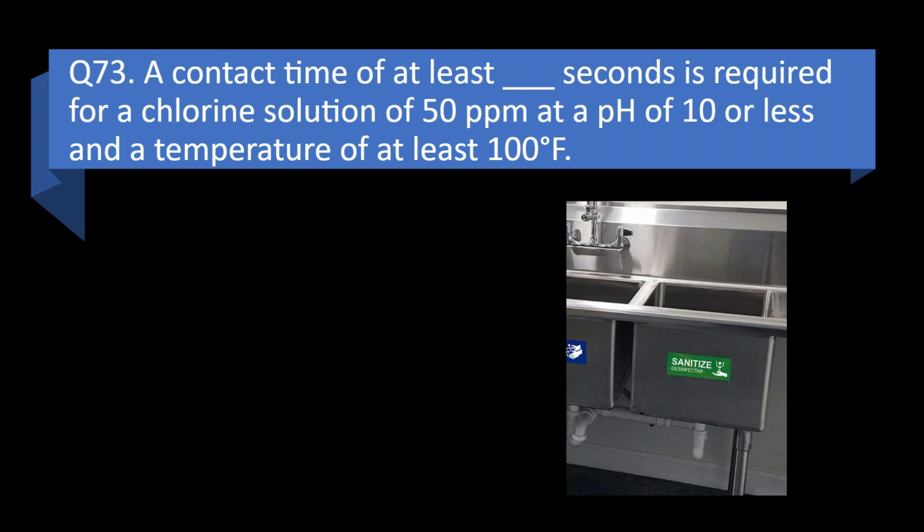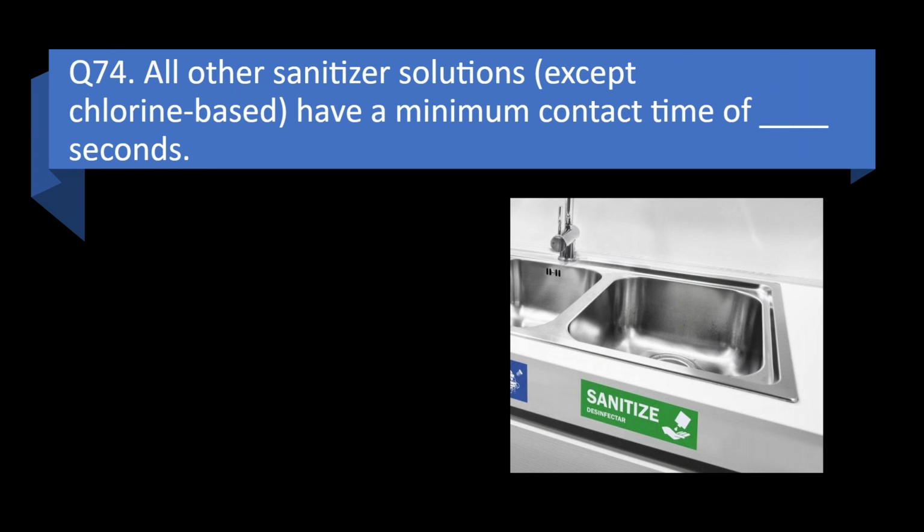A contact time of at least blank seconds is required for a chlorine solution of 50 parts per million at a pH of 10 or less and a temperature of at least 100 degrees Fahrenheit. 5, 7, 30, or 60. B. 7. Question 74. All other sanitizer solutions, except chlorine-based, have a minimum contact time of blank seconds. 5, 7, 30, or 60. C. 30.